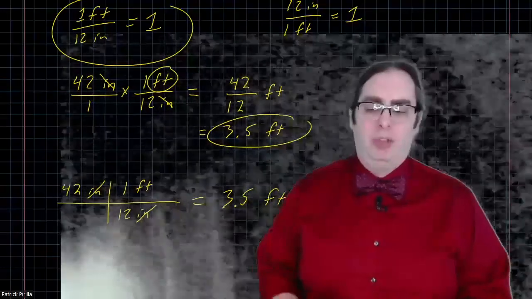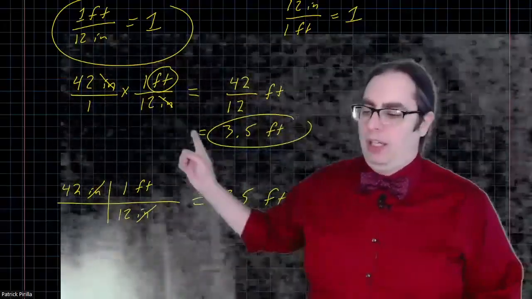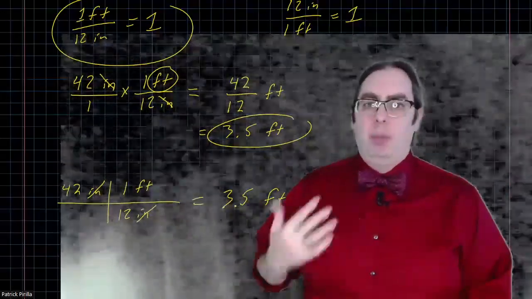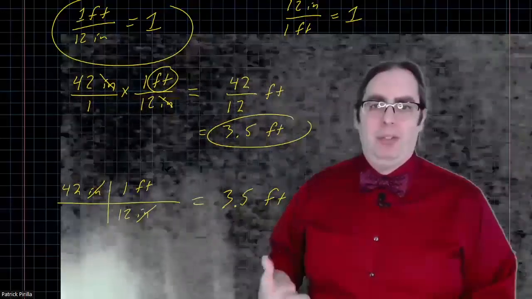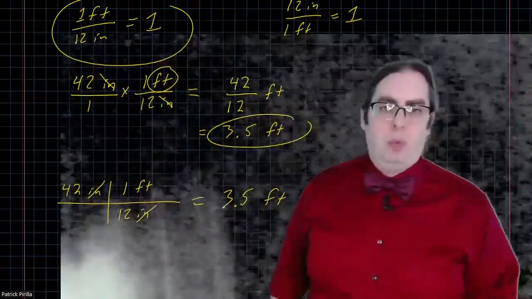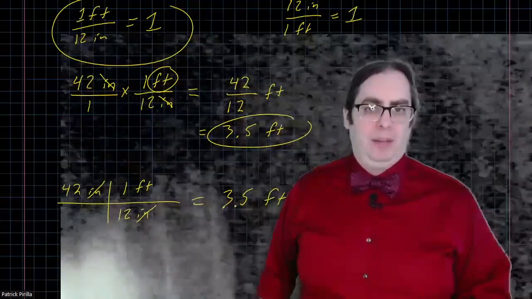So as a practice tool, please take the time to write out the conversions. Again, this method, that method, another method, I don't really care, but write out the details. Write out how you are getting from place to place. Don't just say, oh, I divide by 12 and call it a day, because things will get more complicated later.